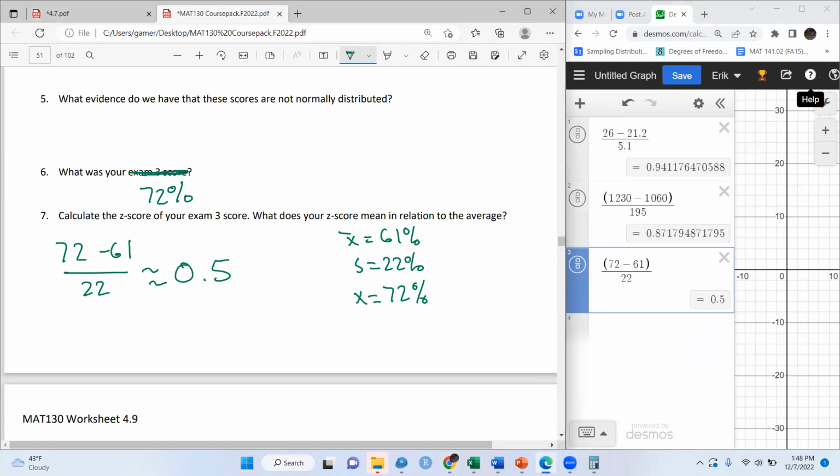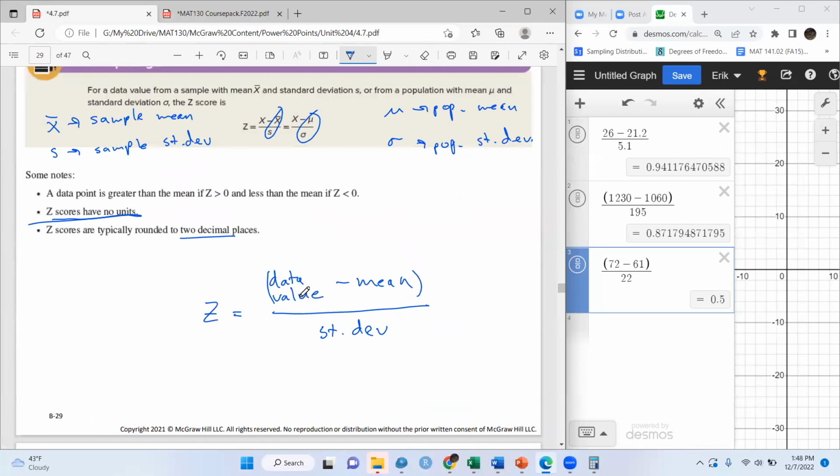What does a z-score mean in relation to the average? Wait, so why do we divide by 22 again? The way we calculate the z-score is the data value minus the mean, divided by the standard deviation.